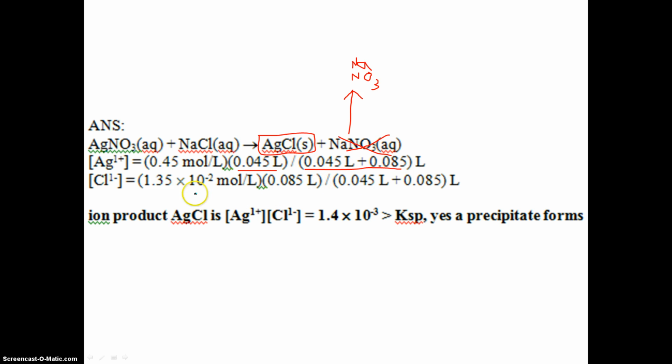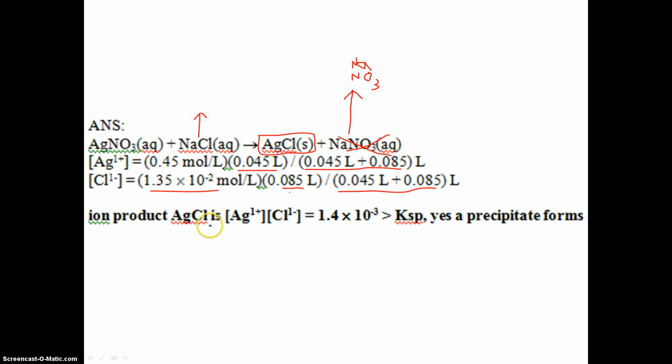And you notice the same thing for Cl, we had a different molarity and a different initial volume. But our total quantity at the end was the same because we added 2 things together. It would be the same for solving for silver and solving for chlorine. But your initial molarities and your initial volumes here will be different. You calculate those on the top and then divide by the total volume.